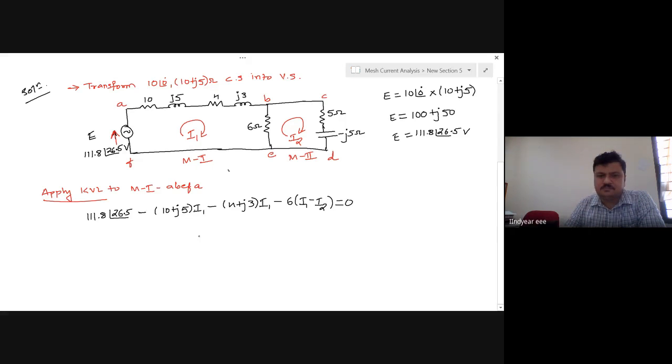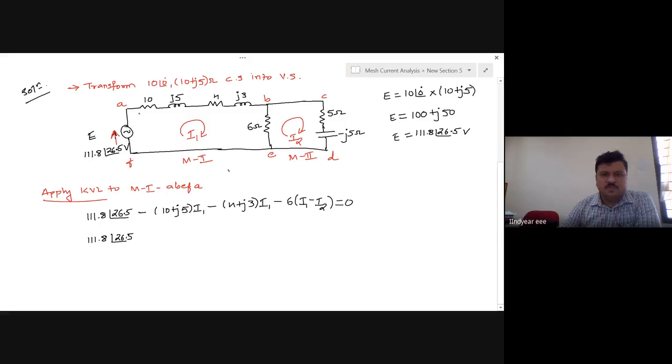Now it is simply rearranging the terms. So it is 111.8 at an angle 26.5. Here I need not worry about polarity, the direction of current, whether it is fall in potential or rise in potential. Source voltage is positive, since the direction of current and direction of source voltage are along the same direction.